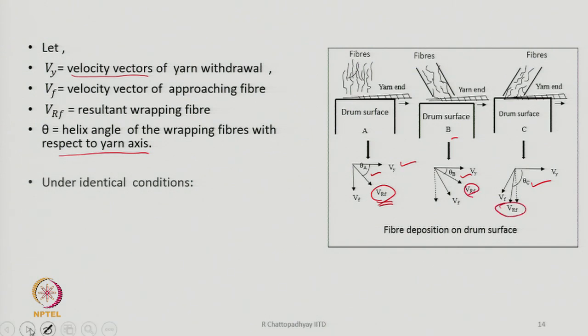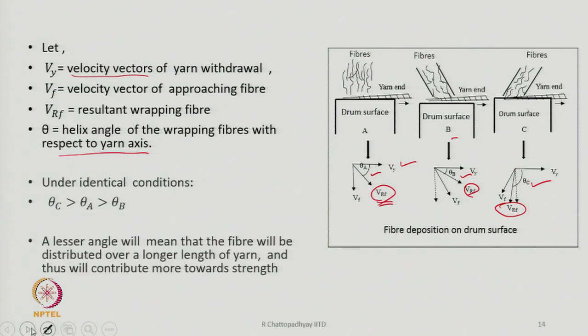And if you look at the wrapping angle, then under identical conditions theta c is greater than theta a, which is greater than theta b. A lesser angle will mean that the fiber will be distributed over a longer length of the yarn and thus will contribute more towards the strength.